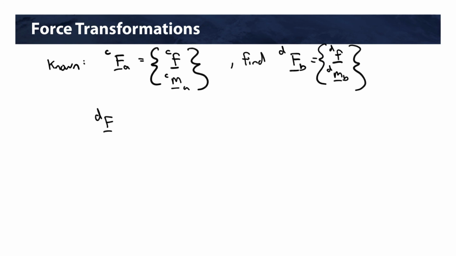So our wrench at B with respect to frame D is going to be a force transformation now. So we use a subscript F for force transformation, C to D, A to B here. All right, where the force transformation has a similar form as the velocity transform, but it's a little different.